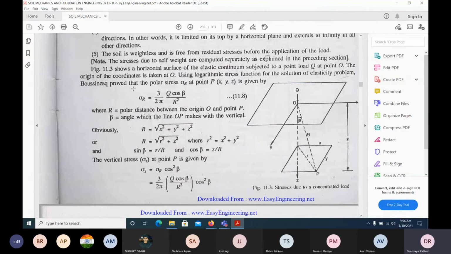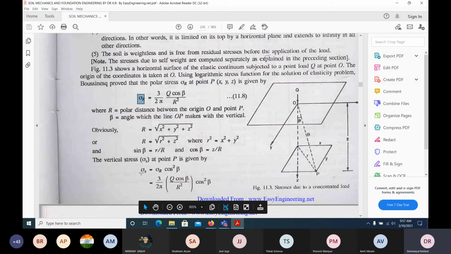This is the polar stress. The vertical stress sigma z at a point P would be equal to this polar stress sigma r multiplied by cos square beta. Following? So this vertical stress at P, the polar stress, is sigma r, which is perpendicular to this one.